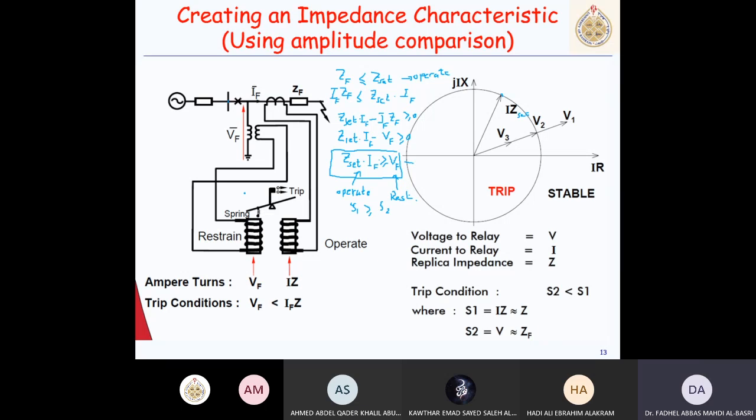And in the operating quantity, I will take the current from the CT and multiply it by a setting. So I'll put here, let's say, impedance, the setting.